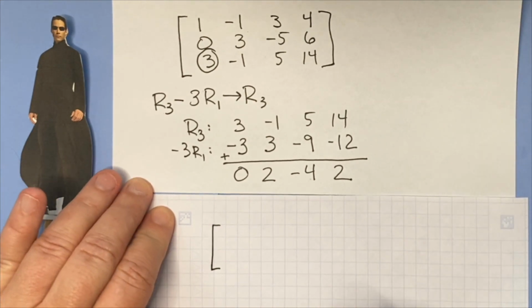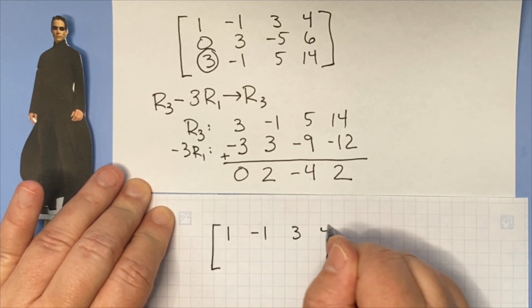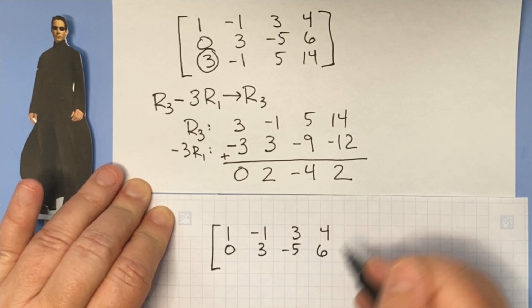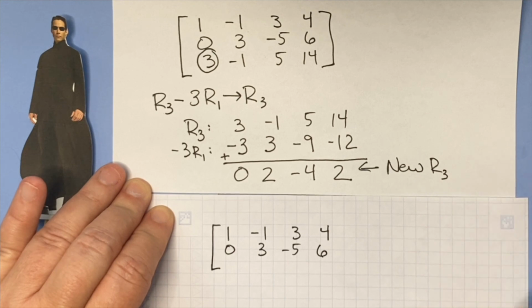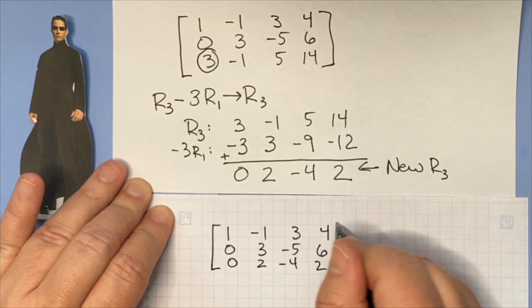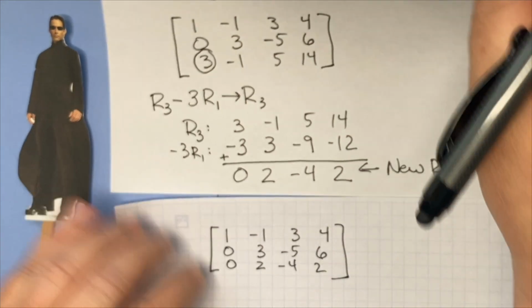I do just to make it a little easier. I've got 1, -1, 3, 4, 0, 3, -5, 6. And this is going to be my new R3, row 3. So it's going to be 0, 2, -4, 2.